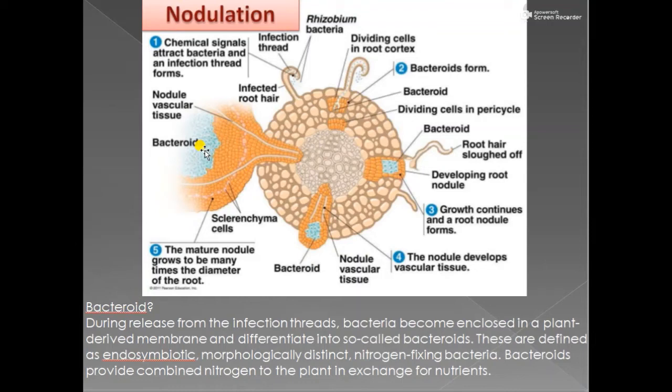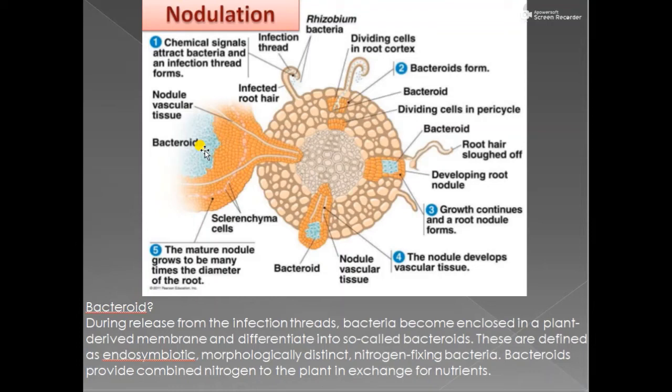Now, what is a bacteroid? As we know, it is an endosymbiotic as well as morphologically distinct nitrogen fixing bacterium, mainly found associated with the root nodules of leguminous plants when rhizobium infects the root nodules, and they are the sites where nitrogen fixation happens within leguminous plants.